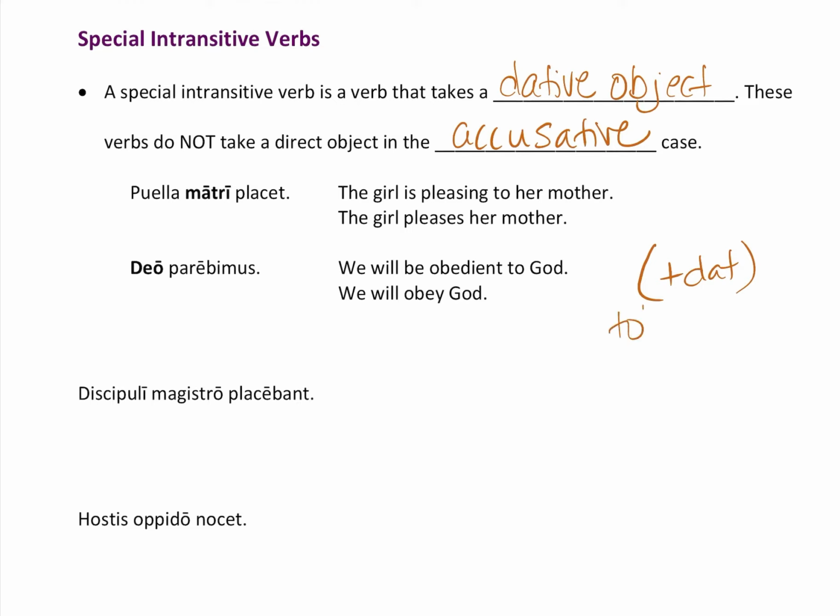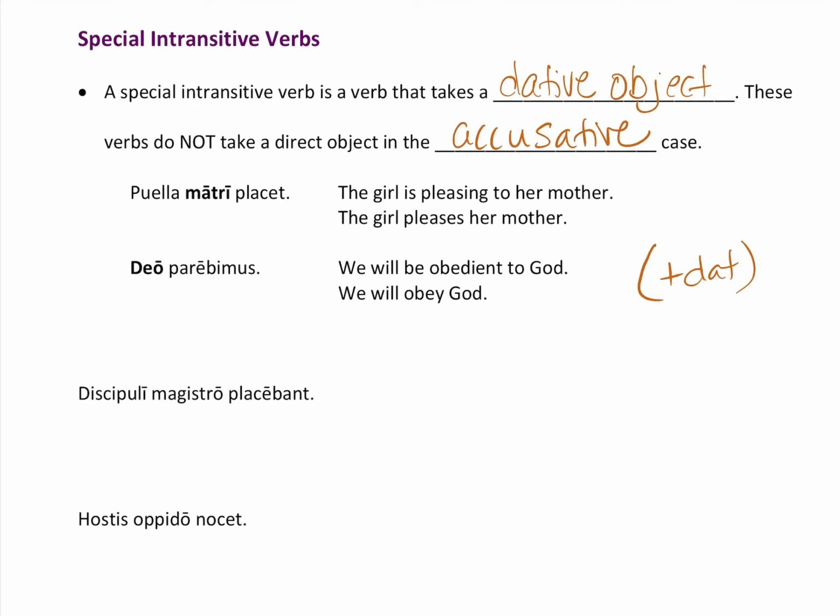One with the to or for, so pleasing to, or it can be to please. So there's different ways to do it. One has the normal dative language with the to or the for, and one does not. Let's take a look at a couple of these.